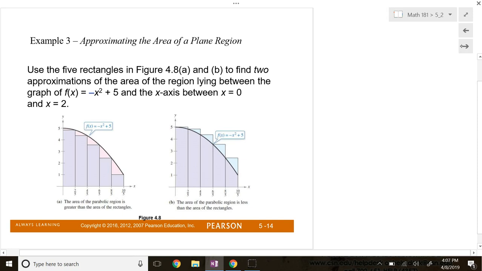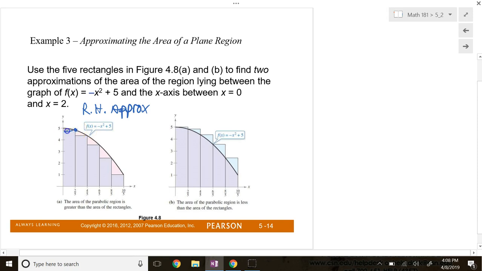All right, let's go back to approximating the area of a plane region from last section. On this one, I've got negative x squared plus 5. On the one on the left here, we've got the lower approximation using a right-hand approximation.